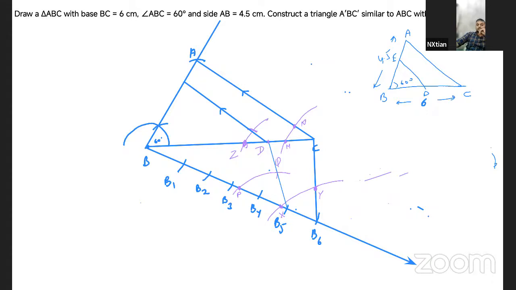Okay. Next doubt. Sir, in lesson 16, check your progress 16.2, I wasn't able to solve the third question. Okay, just give me a second.